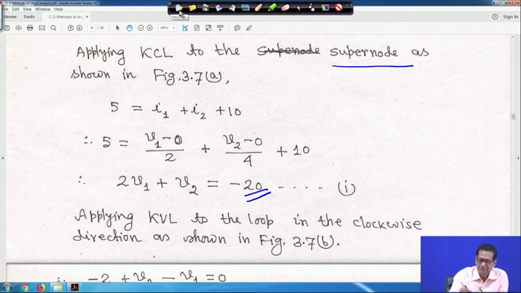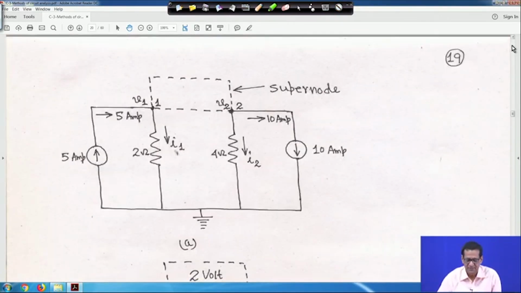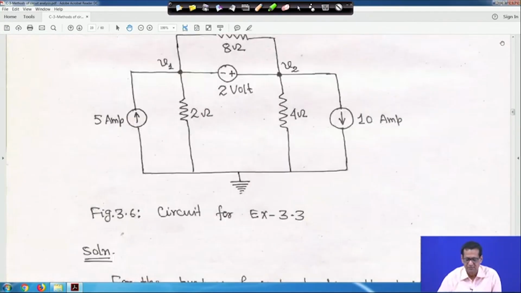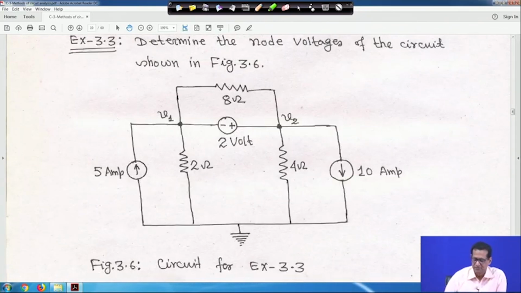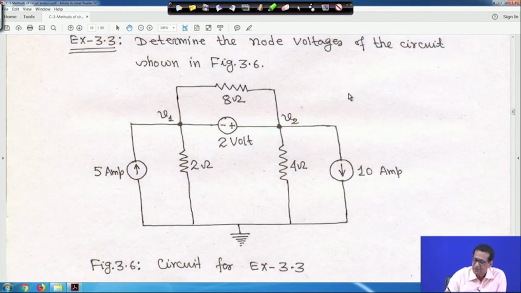Now, let me clear it. Second one is, better you come to this circuit. Second one is that you have to apply KVL also because of the super node. So, this is node 1, I am making it for you. This is your node 1 and this is your node 2.